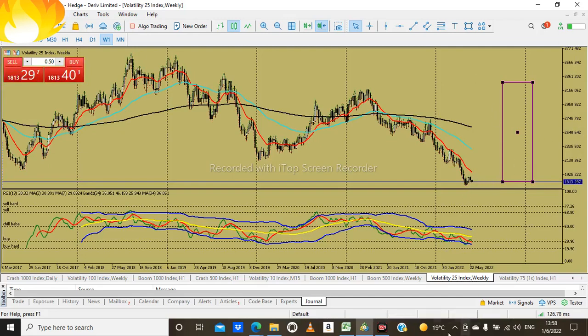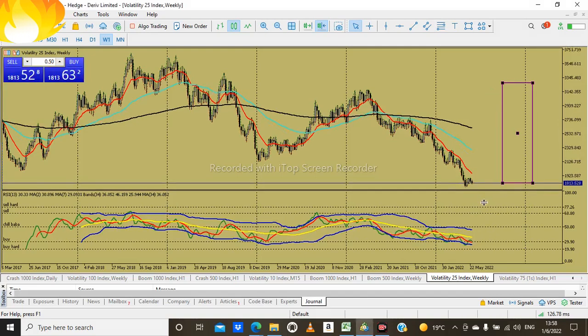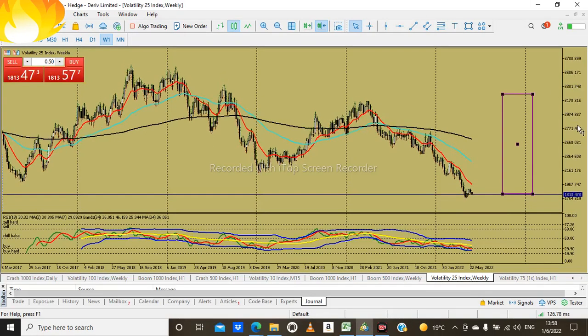I would want for price to come down here, then we buy it, right? I would want for a good sell on the weekly to come to that region. Right, I want price to come down here, then we buy it.